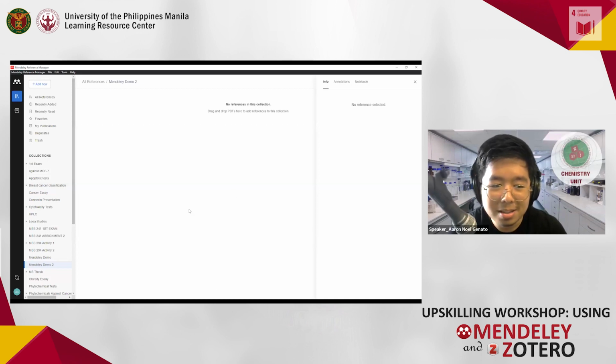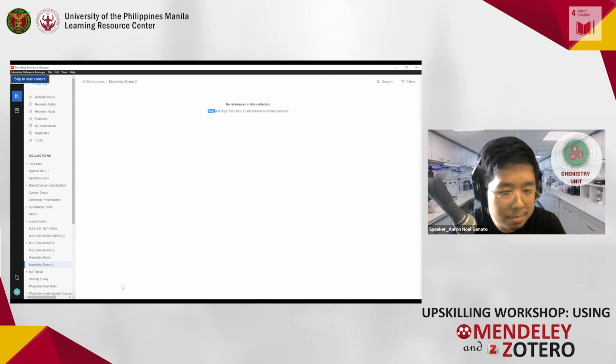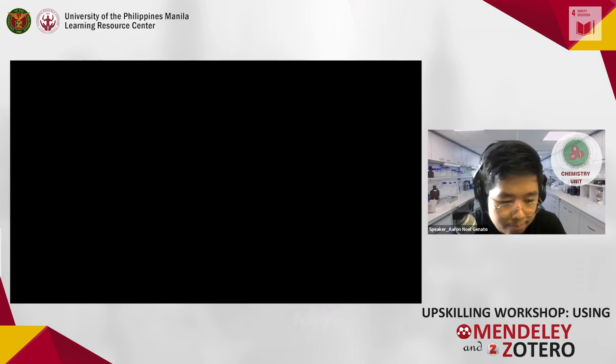We press the sync button, the icon that looks like a cycle, and then it should appear in our Mendeley demo. Did it appear? Wait a moment. Since it's in Mendeley Demo 2, I've already added it.